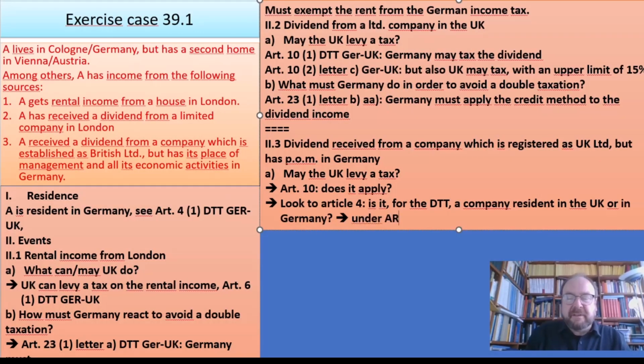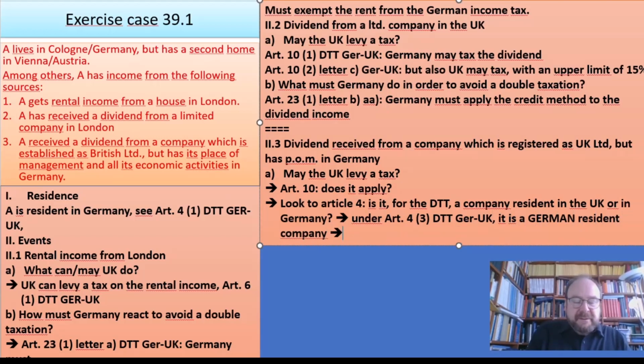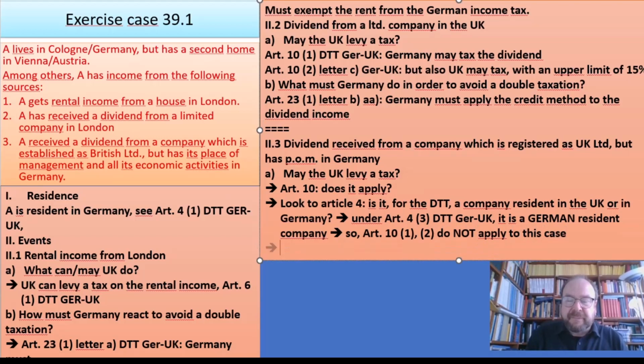So under 4.3 DTT Germany UK, it is a German resident company. So Article 10, 1 and 2 do not apply to this case. So Article 21.1, only Germany may levy tax on this dividend.